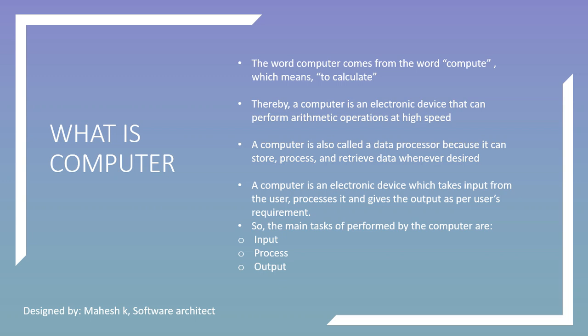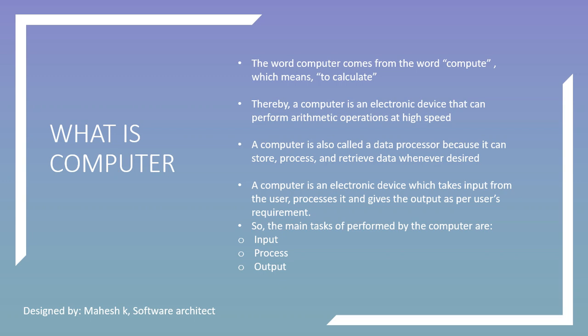So in simple language, a computer is an electronic device which takes input from the user, processes it, and gives the output as per user requirement. The main tasks performed by the computer are input, process, and output. Input is some instruction given by the user to the computer via an input device.